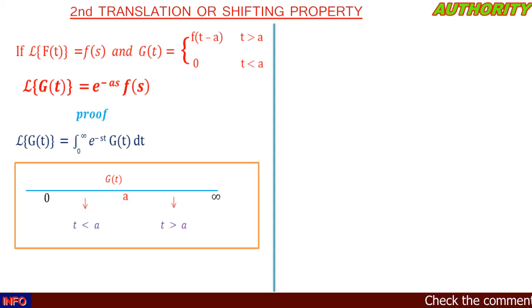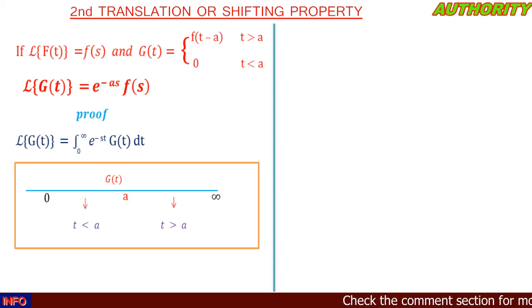There is another point in between the 0 to infinity. Let's call it point A. Then we'll say that if t is greater than a, what you are going to have is f of t minus a. But if t is less than a, it's going to give you 0. Now look at this. In this number line, from 0 to infinity, we have another number a.